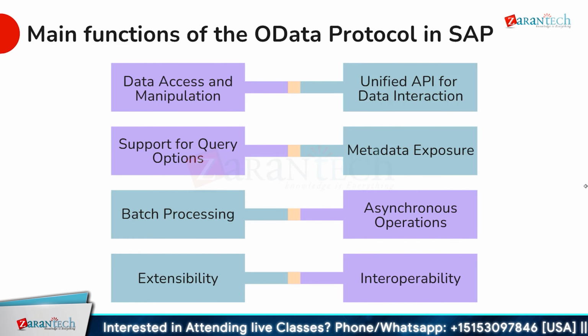Let us break down the Swiss Army knife of data integration, OData's main functions in SAP. First up is data access and manipulation. Think of this as having a universal remote control for your SAP data. Need to read, create, update, or delete data? OData handles it all with elegant simplicity.